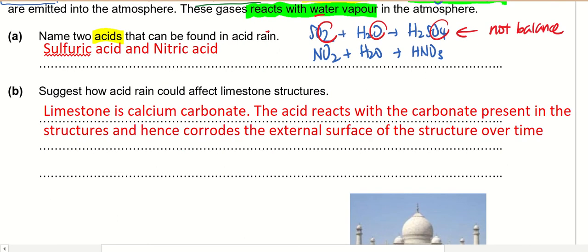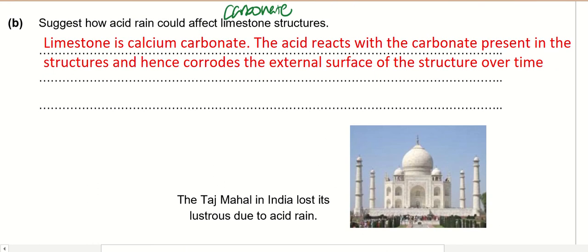Limestone is a carbonate. So acid plus carbonate: the acid reacts with the carbonate present in the structure and corrodes the external surface over time. You can Google some structures that have been corroded by acid rain. It's not instant, of course. It takes years after years of acid rain to damage the external surface, so the features may not be clear anymore.